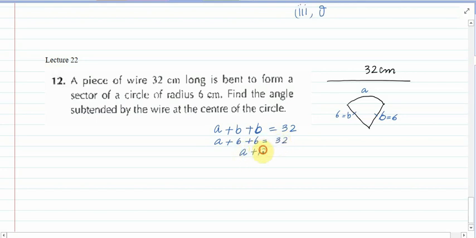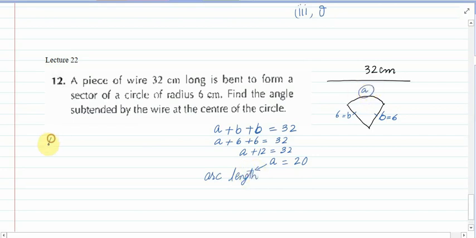A plus 12 is equals to 32, and A is equals to 32 minus 12, it's 20. Find the angle. Now what is A in our question? Basically A defines the arc length, right? A defines the arc length.